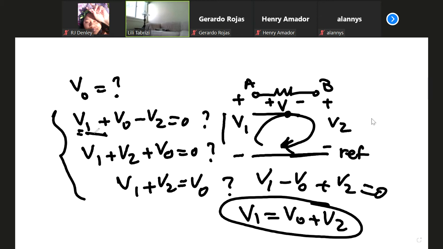Can somebody explain? Somebody said V1 plus V2 equals V0. V1 and V2 have opposite polarity arrangement. What is so difficult to understand that?